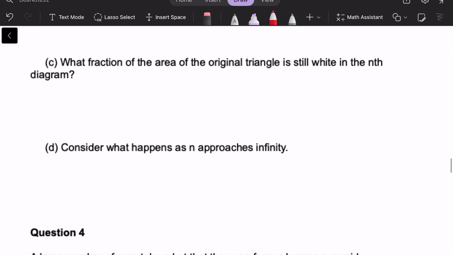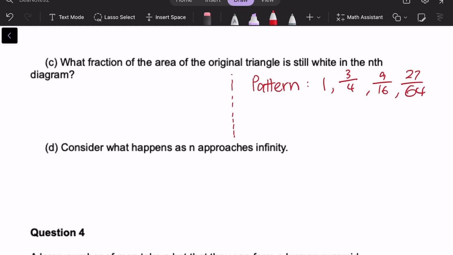Part C. Part C is very similar. I'm going to be doing the same thing. The pattern for the fraction of the area that's still white in the nth diagram goes from 1 to 3 on 4, 9 on 16, 27 on 64.